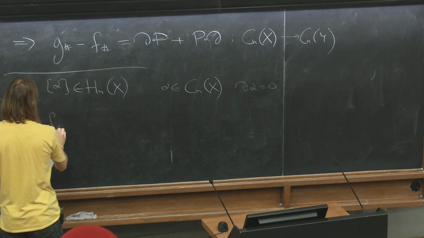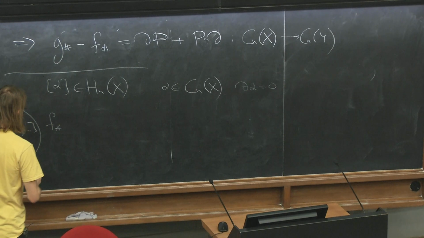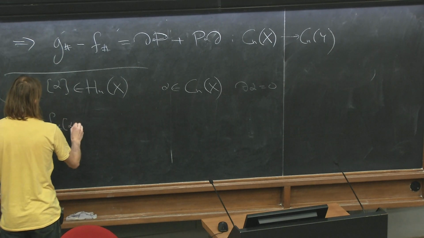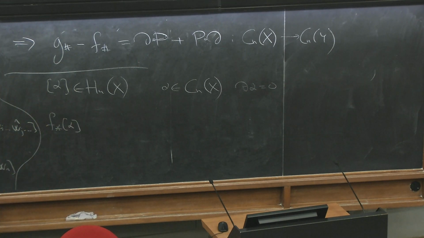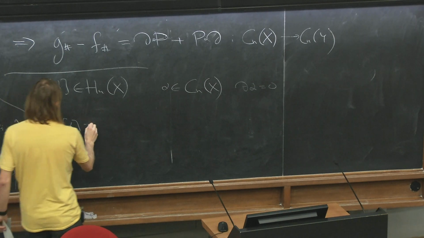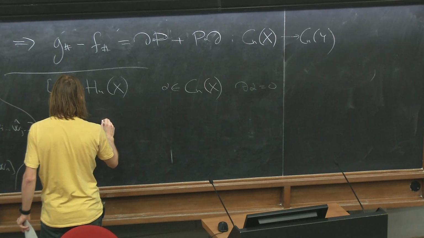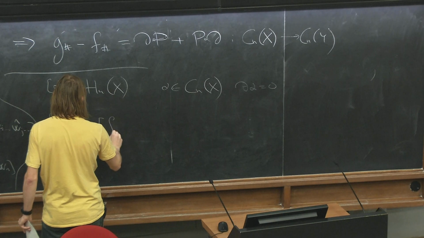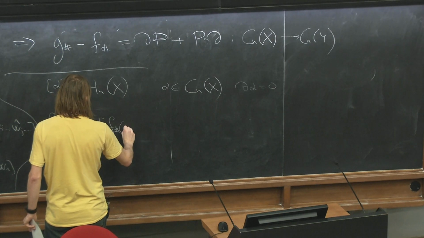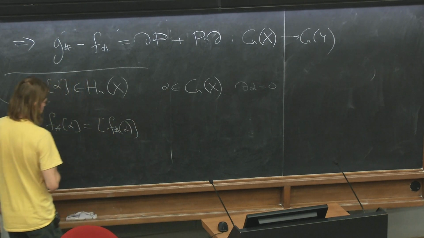Let's see what F star applied to the class of alpha is. By definition of the push forward, this is the same as the class of F sharp of alpha.